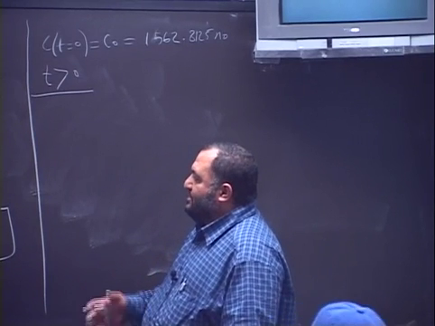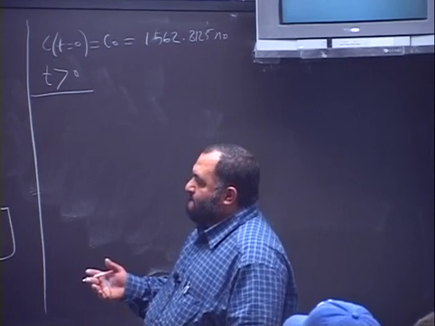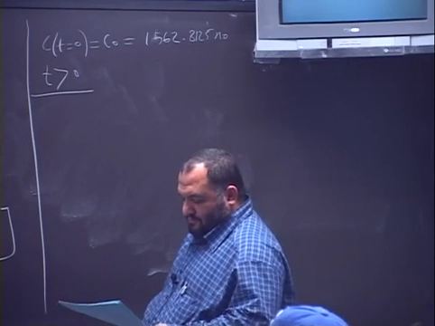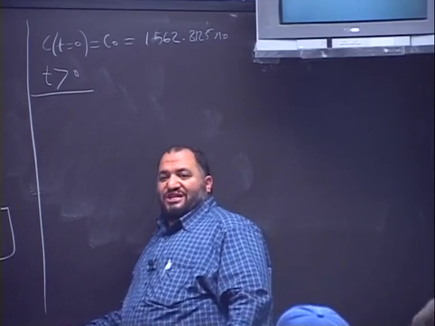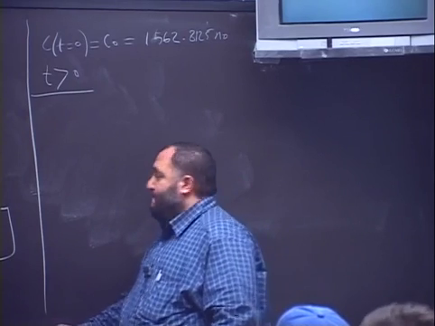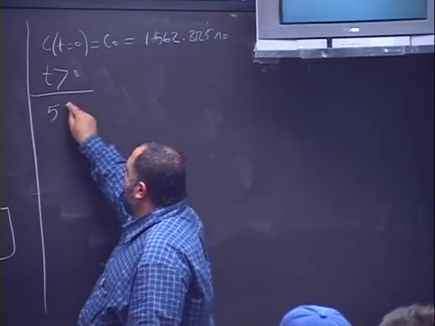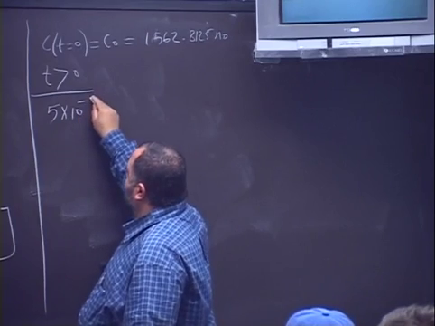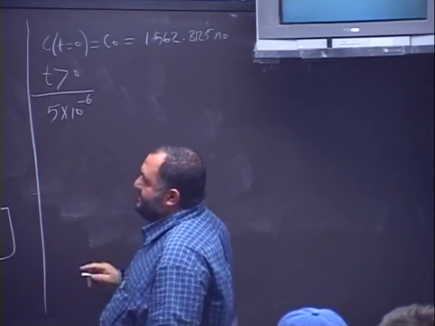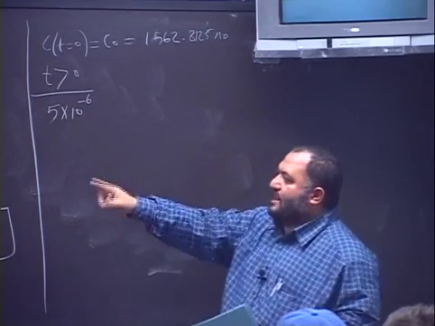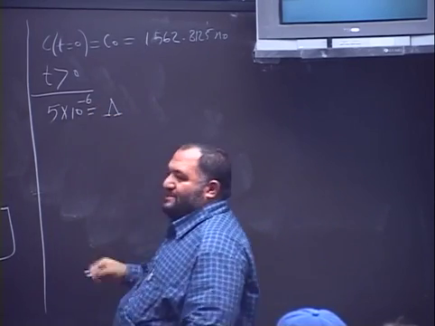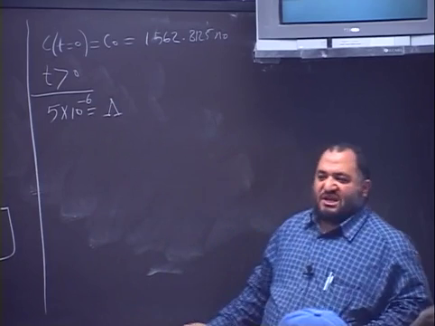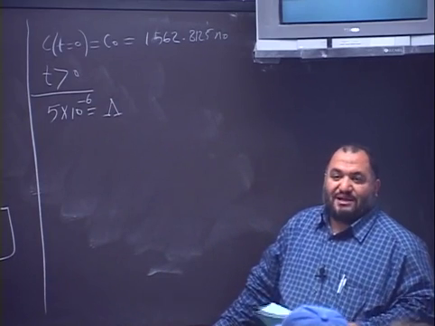So the generation time is just what? What's the generation time? 5 times 10 to the power of minus what? 6. Okay, but this is not, this is gamma. The generation time will be something like, let's say, a few milliseconds or so.